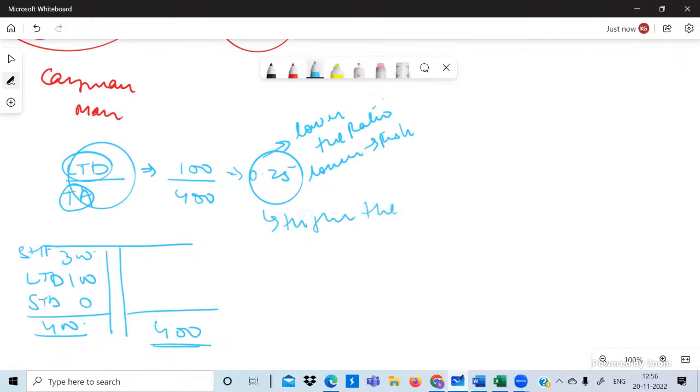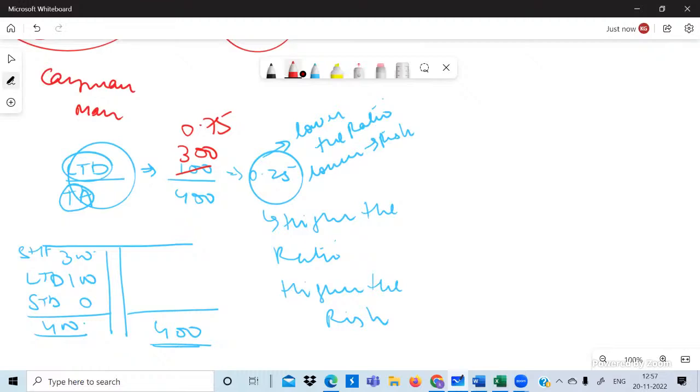Higher the ratio, higher is the risk, because in that case you're telling me that a majority of your assets are getting funded through debt. If I change the numbers and say this is 300, then 75% of your assets are getting funded through debt and only 25% through shareholders' funds.